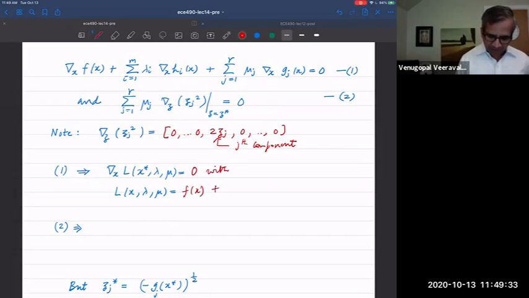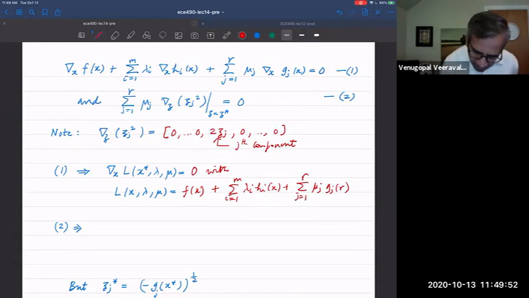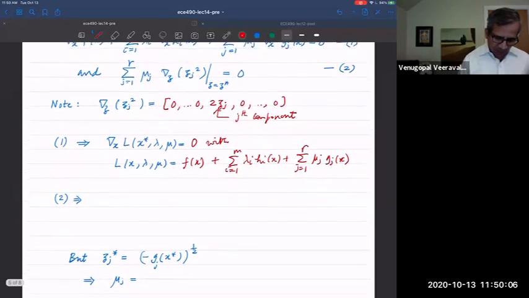There was no z in that KKT theorem; z was an auxiliary variable. So that's the Lagrangian that only involves x. That's what equation 1 tells us.